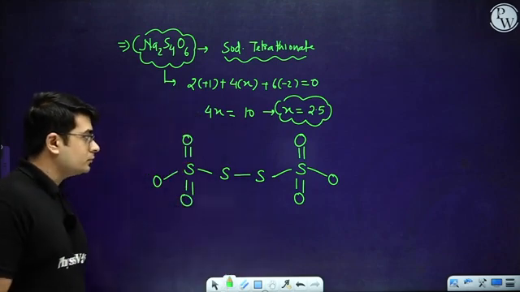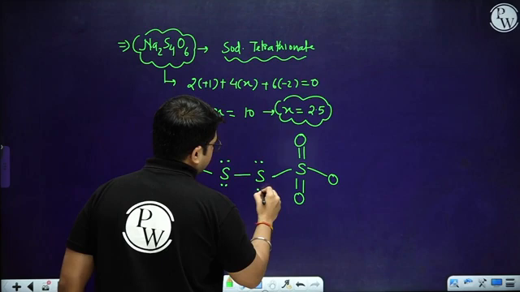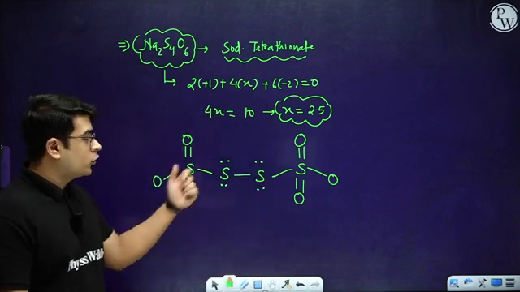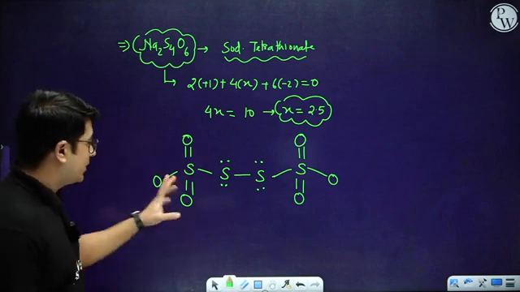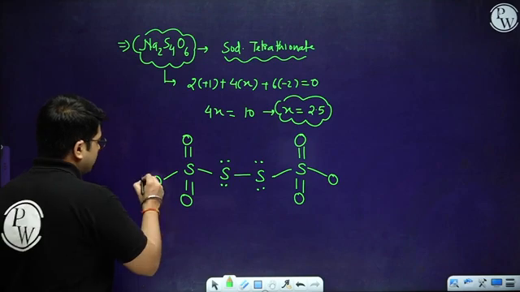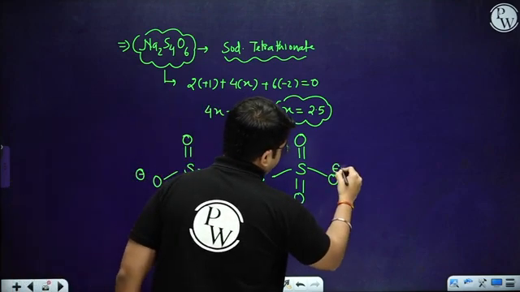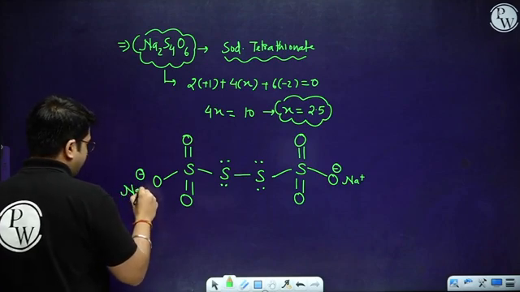Okay. And basically 2 lone pairs will be there. You know from bonding, sulfur contains 6 electrons. If 2 are involved in the bonding, 4 electrons or 2 lone pairs will be present in this particular case. Now this part will be negative, compensated by Na positive as well as Na positive.